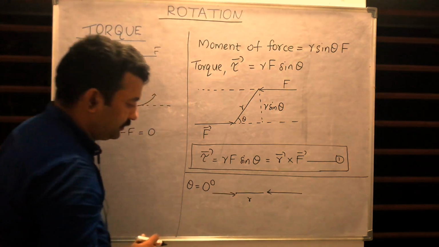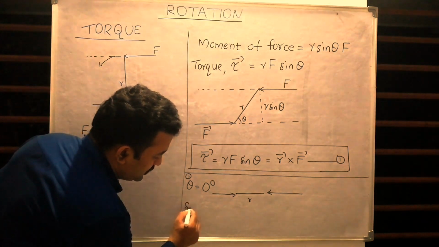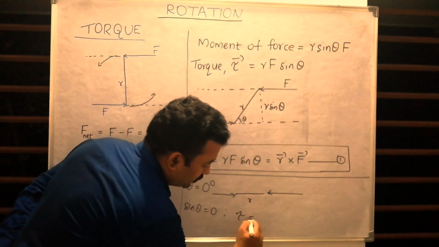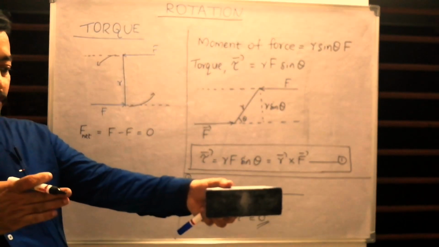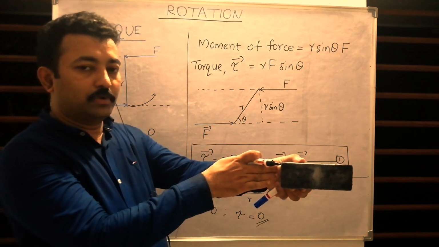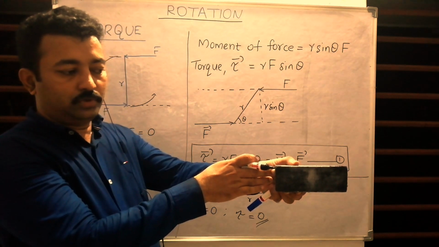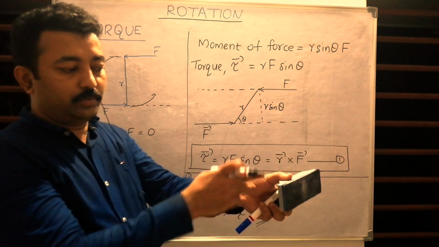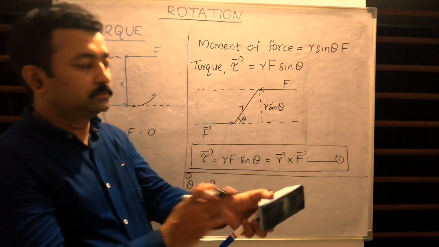We'll take 0 degree. If theta is 0 degree, sine theta is equal to 0. In that case, what will be the torque? Torque is 0. That means by pushing a body along the line of the body, we can never rotate the body. So in order to rotate the body, there should be an inclination of angle between the length of the object and the force acting.